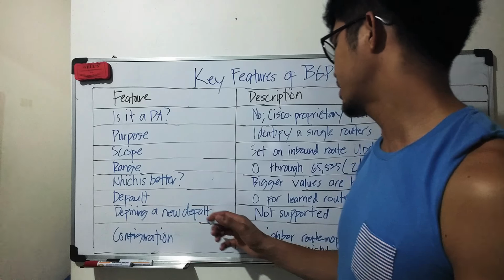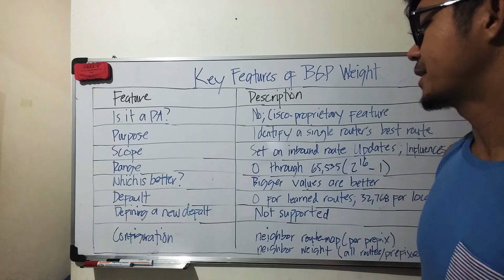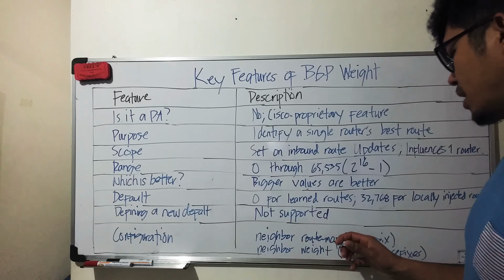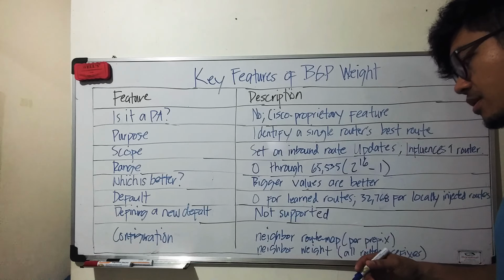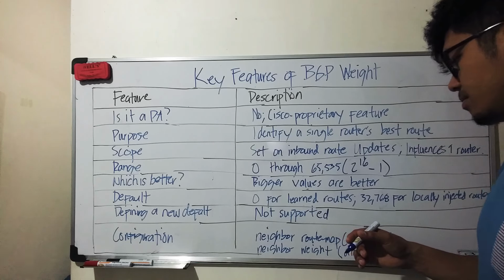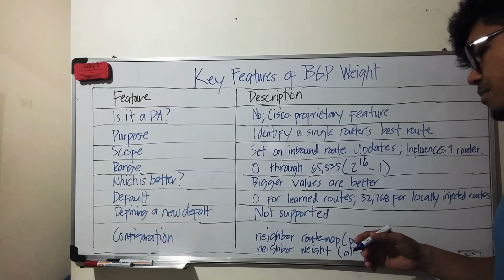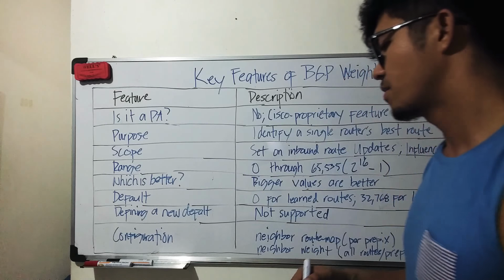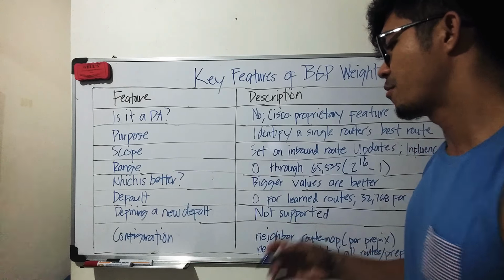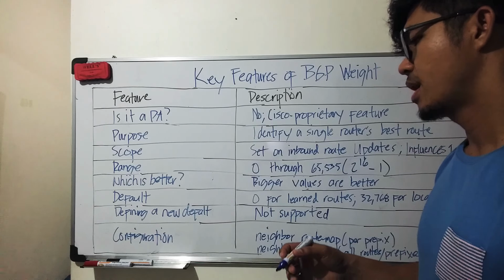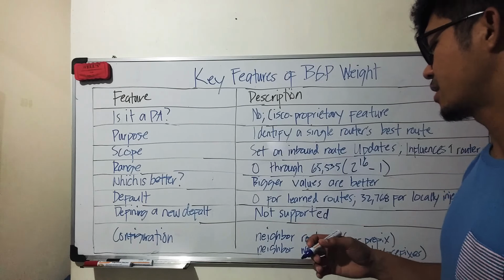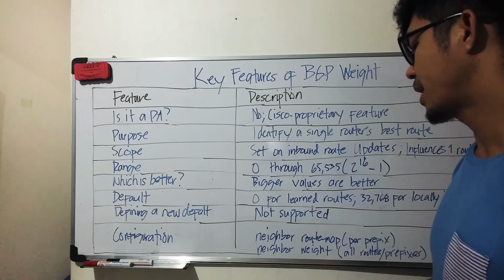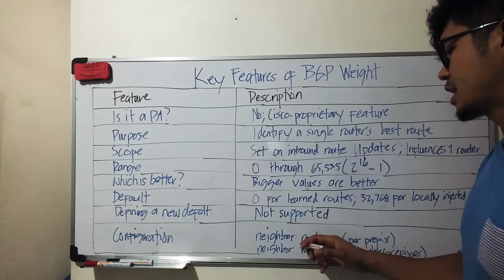Defining a new default is not supported. For configuration, basically, neighbor route-map. You can create an access list to identify the routes that you want to manipulate inside that route map, and of course you create a route map and apply that route map on the neighbor.